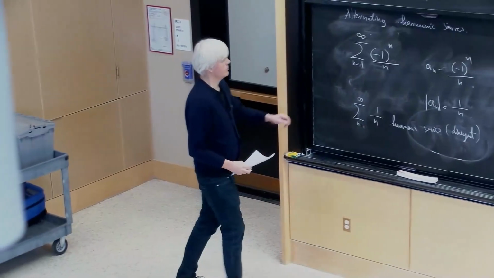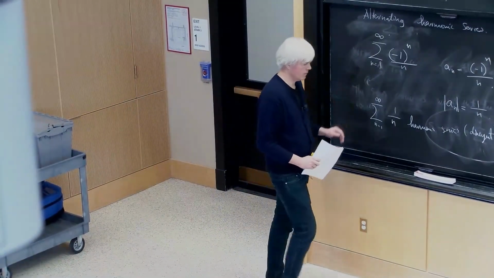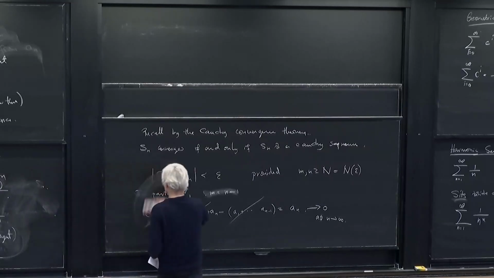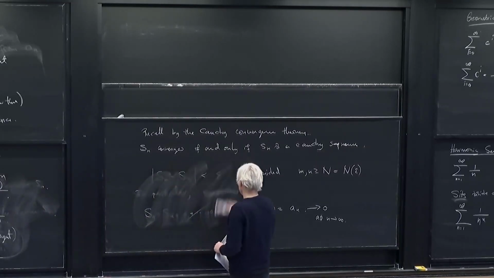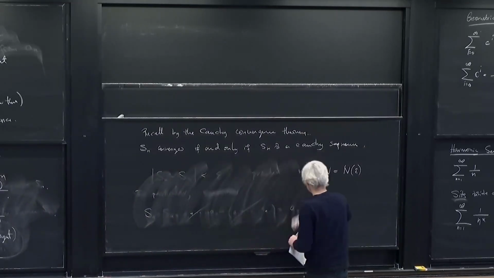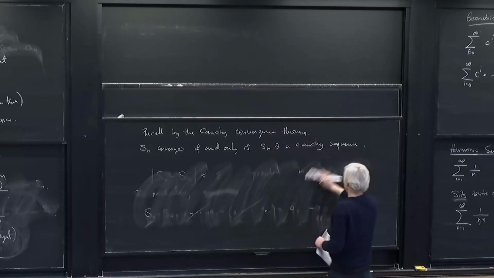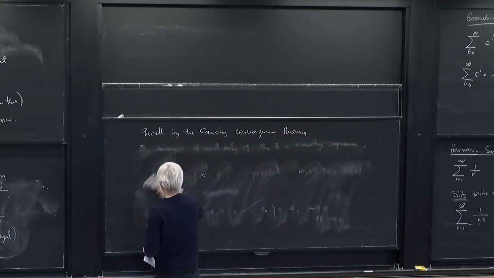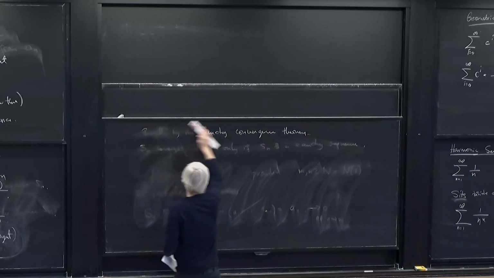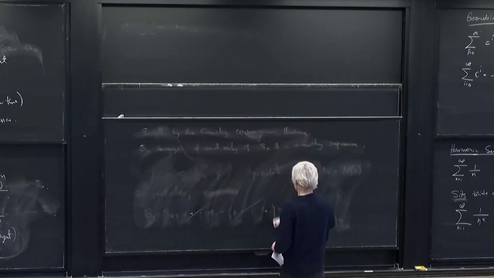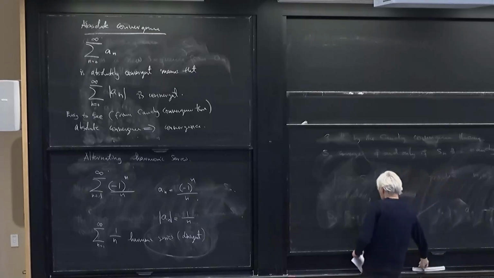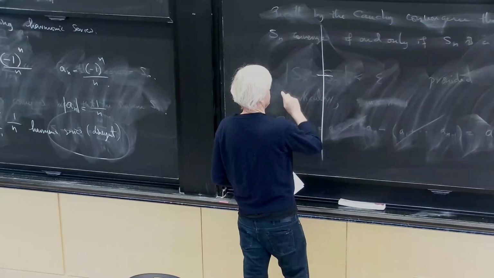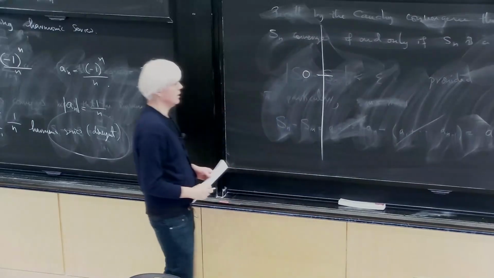Now, why is this series here convergent? We'll probably come back to that in a later lecture in a more general setting, but let me just explain this. The idea is that before you start summing, you're sort of in a neutral position, which is 0.